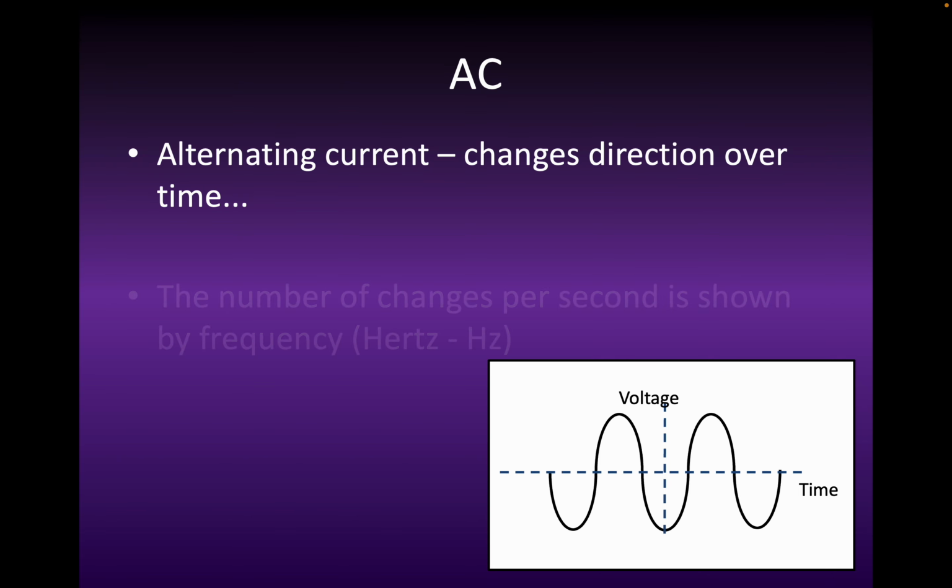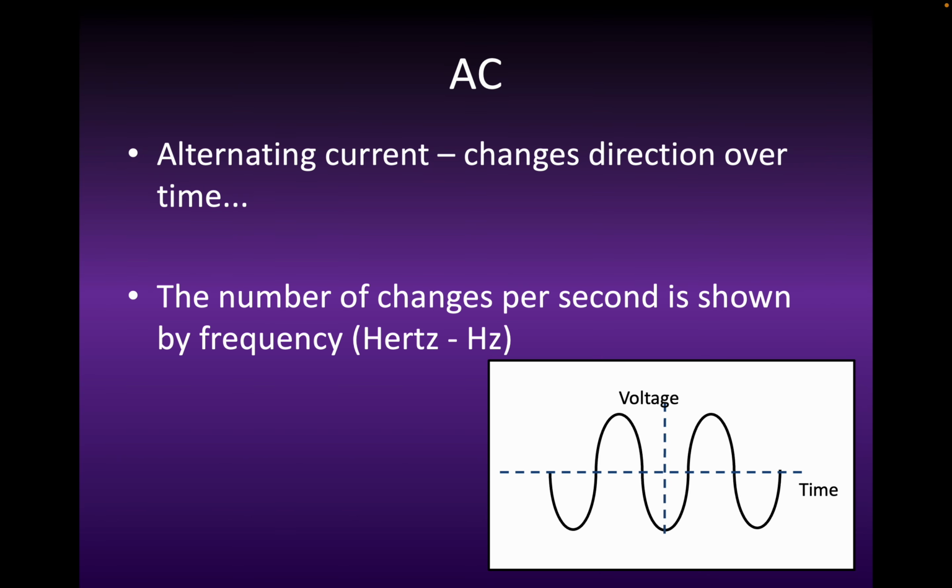In fact, it changes direction 50 times a second, and that's the frequency of mains electricity, which is used in the UK and in the UAE, for those of you taking your IGCSE internationally. Most countries in Europe also use 50 Hertz, and in the US they use 60 Hertz, and that's just the convention that has been set up for those countries.